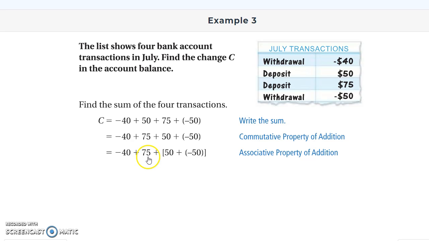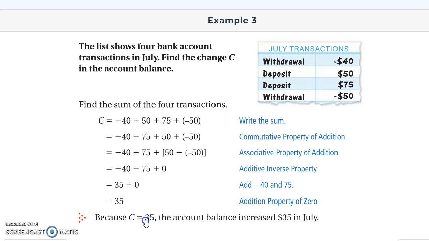And I would do 75 minus 40 and then take the sign of the greater number, which is 35. So I would have an account balance of 35. Okay? Pay attention, I guess, to those additive inverses. We don't want to forget those.